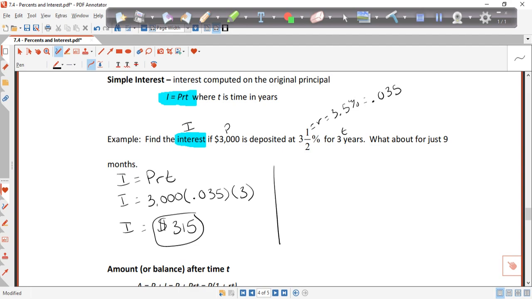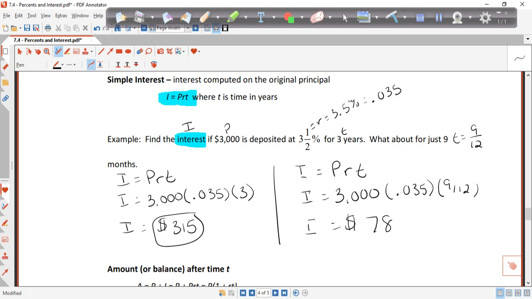Now, if it's for 9 months, remember that T is measured in years, so this is going to be 9 out of 12, or 9/12. You can reduce that if you want, but we're going to be putting it into this equation. So I would be P is 3,000, R is still 0.035, and time is 9/12.